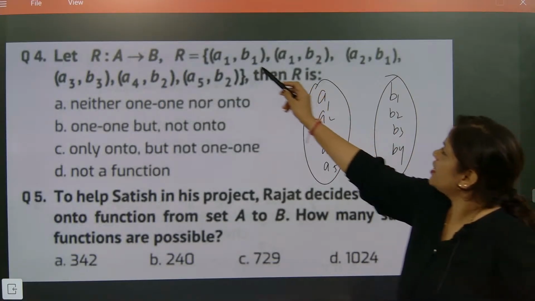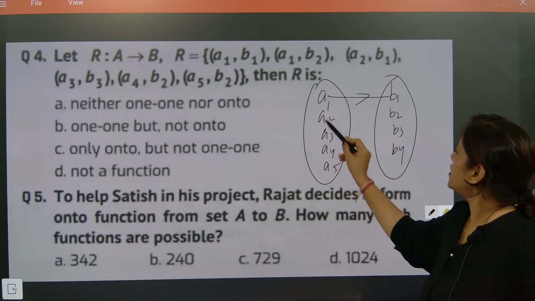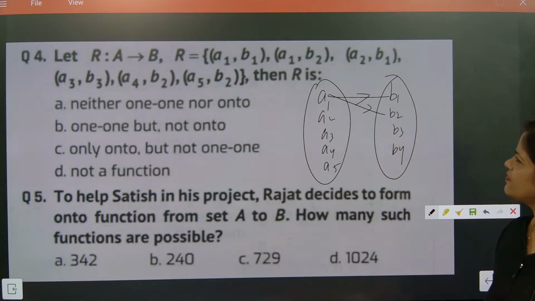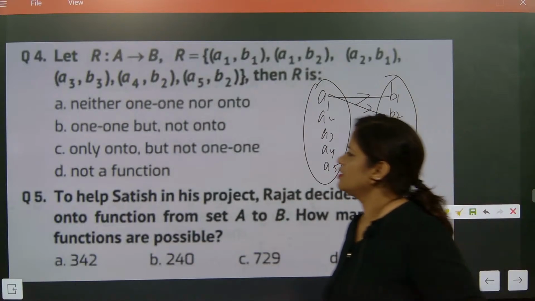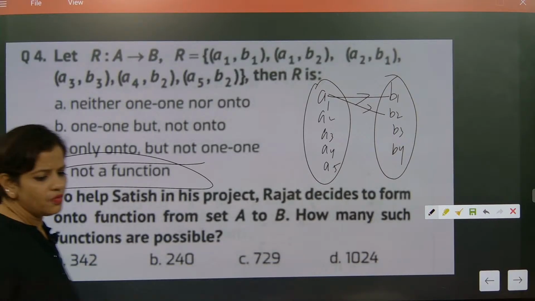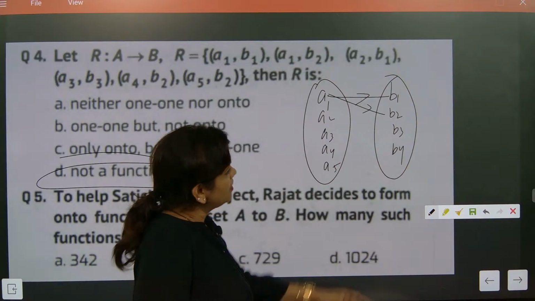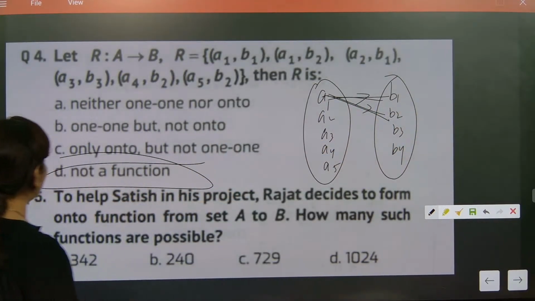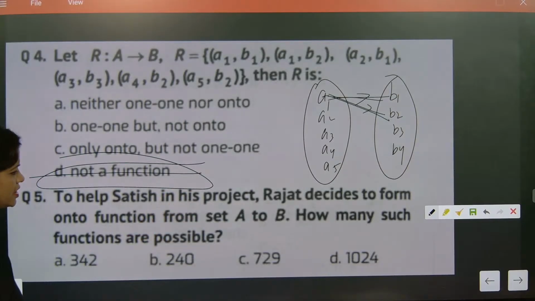A1 to B1, A1 to B2. Here itself nothing is left, it is not a function, because one input is having two outputs. This is not at all a function.